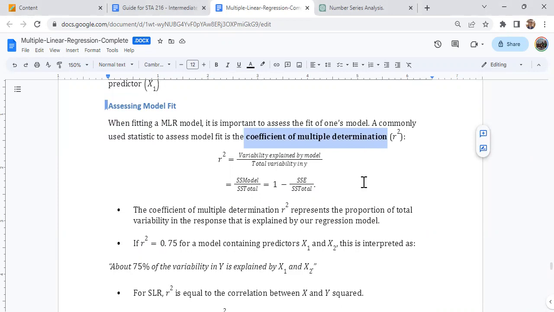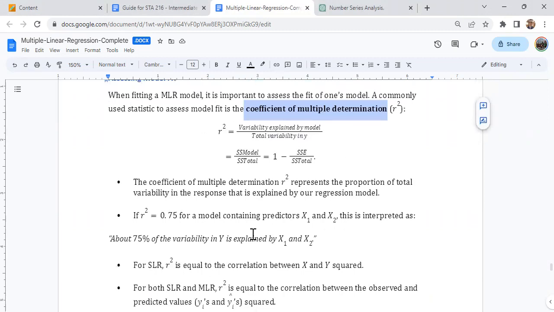But very often this is just referred to as R squared. People will say, what's the R squared of the model? The R squared can be interpreted as the proportion of variability in the response that is explained by our regression model.